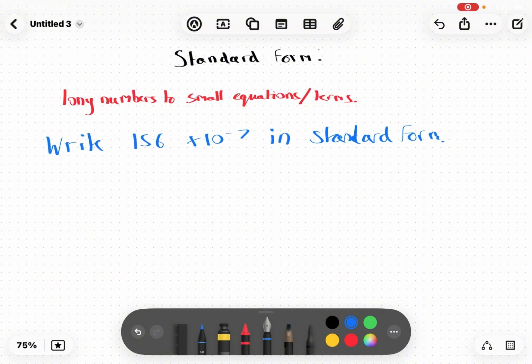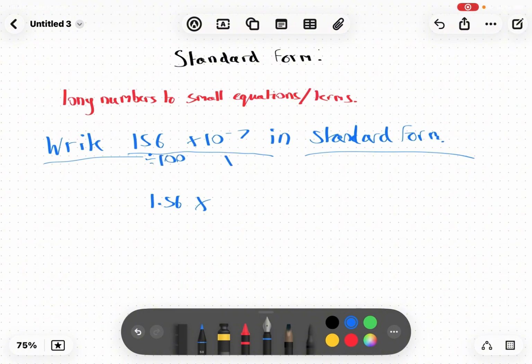Write 156 times 10 to the power of minus 7 in standard form. Well, again, much bigger than 10. So 1.56 it is, times, okay, right now we just divided it by 100.